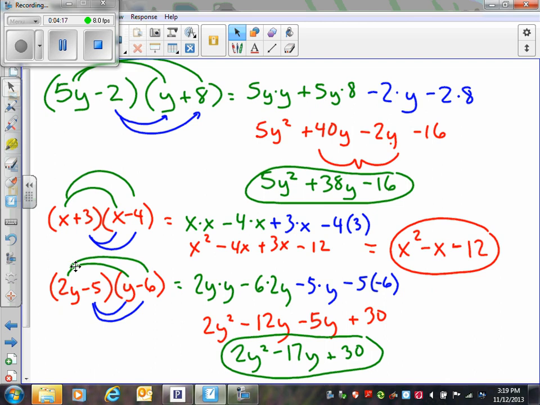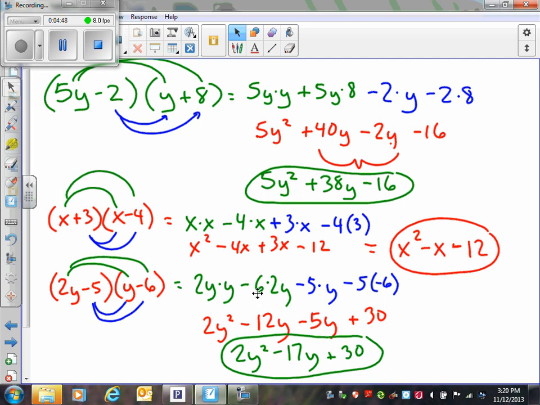Now this one, both of the signs are negative. What happens with that is it guarantees that both of your middle signs will be negative, because on both of them I'll have a negative times a positive. And my last term will be positive because I'll have a negative times a negative. So again, first term 2y times first term y. 2y times y is 2y squared. Then outside terms 2y times minus 6.